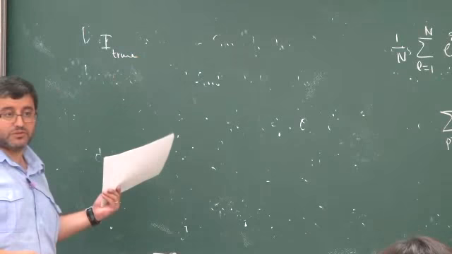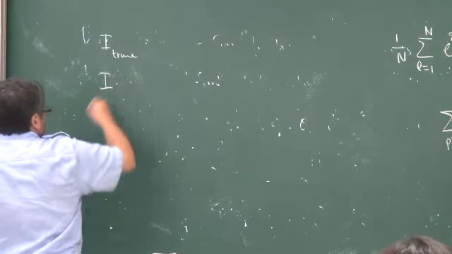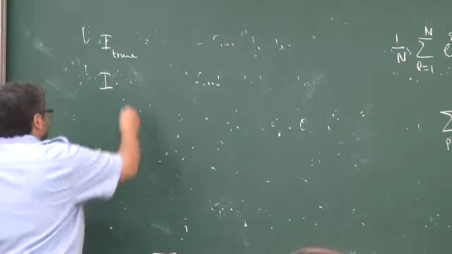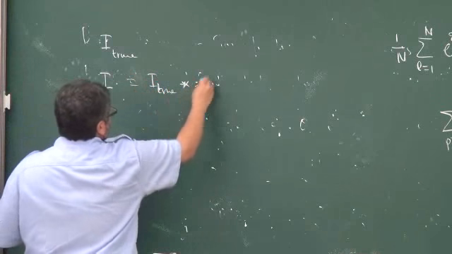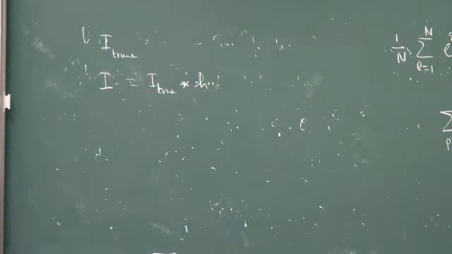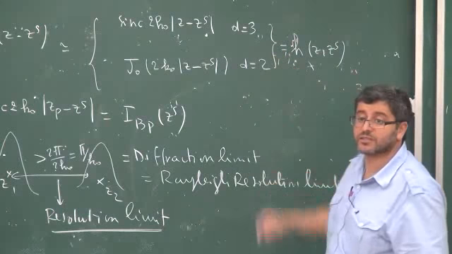What you want to reconstruct is the true image, but what you get from the data is the reconstruction, which is its convolution with some kernel: the true image convolved with H. H here is the convolution kernel. It's just a sinc and a G0.